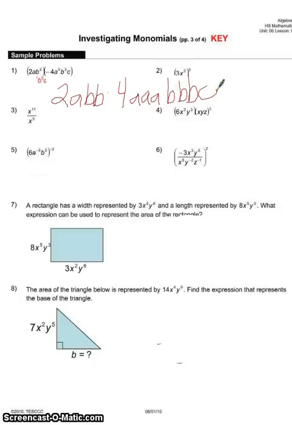Because I have parentheses, that's telling me to multiply. So I would just multiply my 2 times 4, and I would get a negative 8. And then I would look at my b's and my a's. I have 4 a's, I have 5 b's, and I have 1 c. So that would be my answer there.